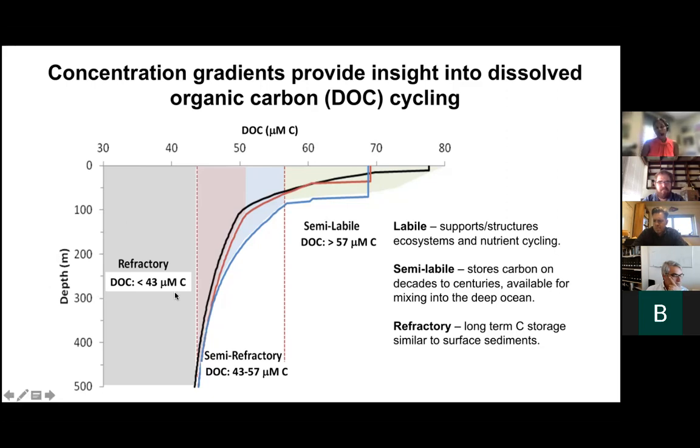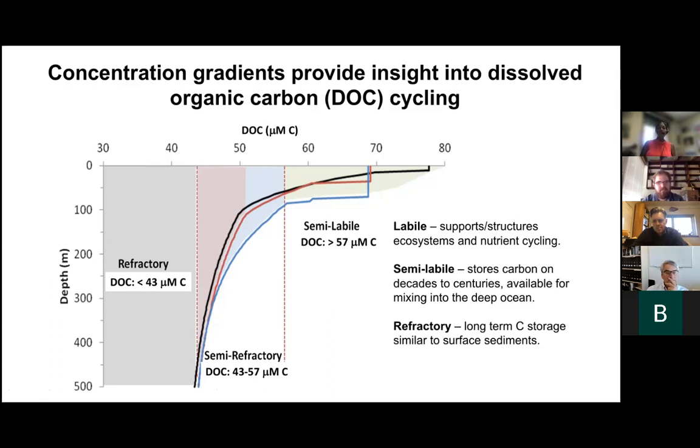And then the most relevant for this part of the talk is that as you get deeper, you start to see this constant concentration, usually below about 43 micromolar carbon throughout the ocean basins. We refer to this as functionally recalcitrant or refractory.